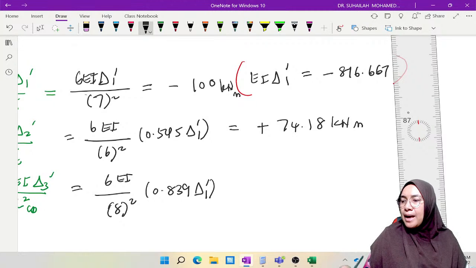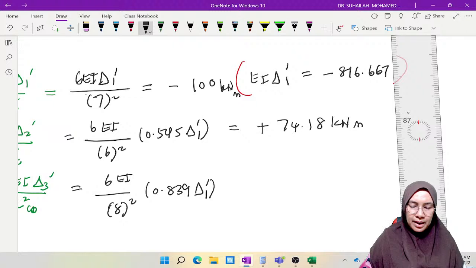So the FEM for member CD: 6 divided by 8 square times 0.839, multiplied by negative 816.667.